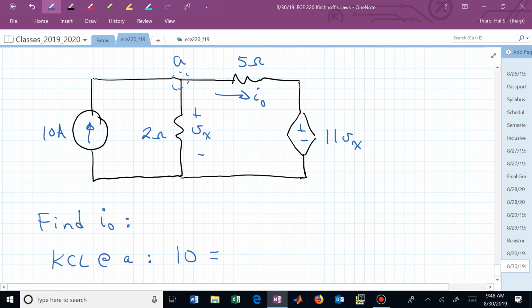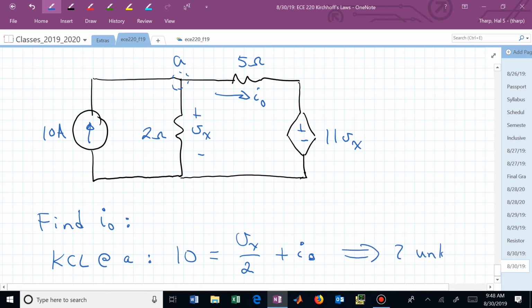What's vertically going down through that 2 ohm resistor in terms of some of the variable labels on our circuit? Ohm's law will give us the current down through that vertical resistor, will it not? That's V sub x divided by 2. And we already have labeled the current going out horizontally to the right. So there's one equation.